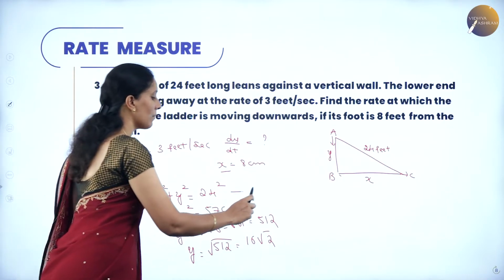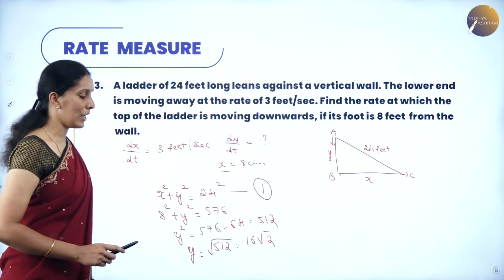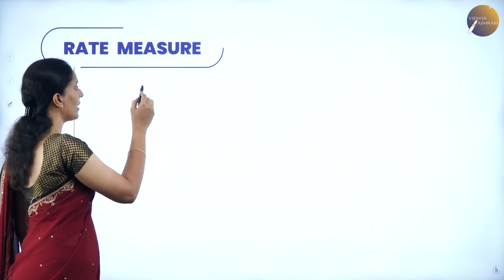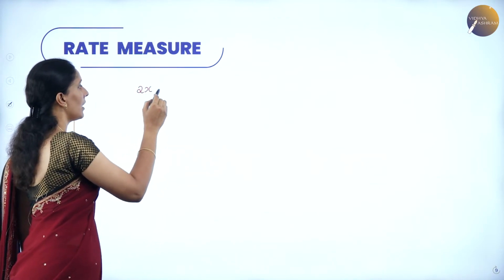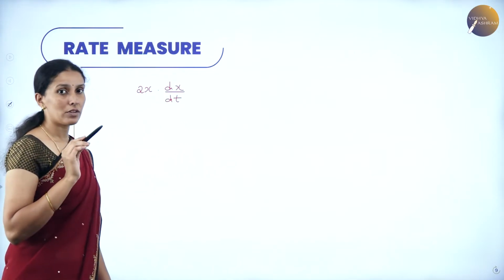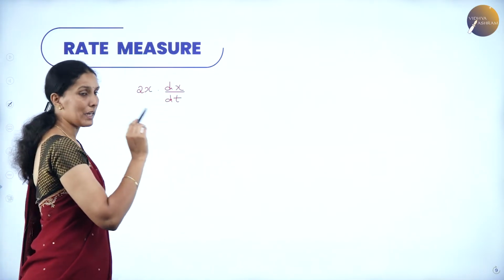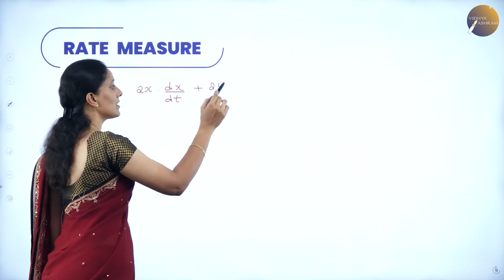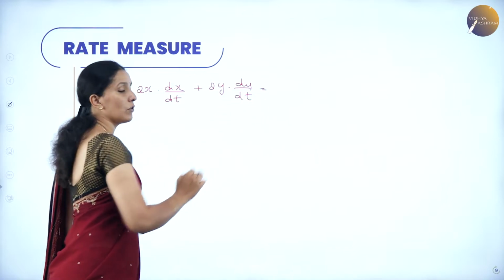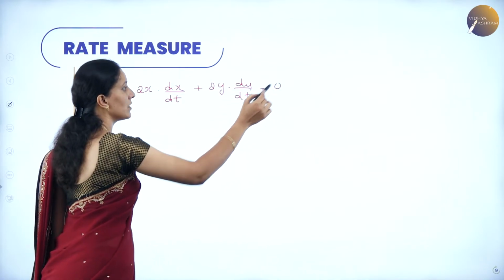So using the same relation, when you differentiate it with respect to t, the derivative of x square is 2x into dx by dt. Similarly, y square gives 2y into dy by dt, and 24 square is a constant, so it is 0.